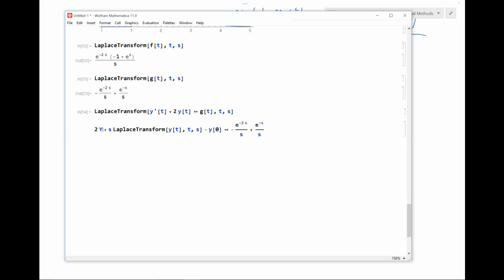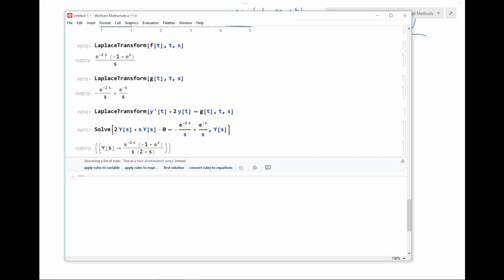So I'm going to do the same thing as I did before. Replace the Laplace transforms with y of s and solve for y of s. There's a typo. Oh, y of 0 was 0.